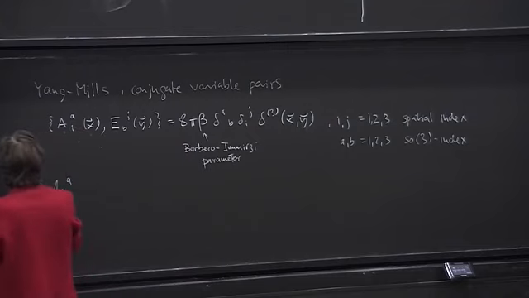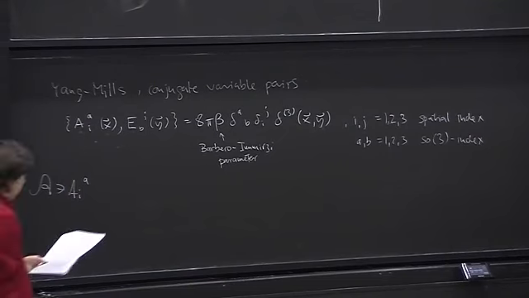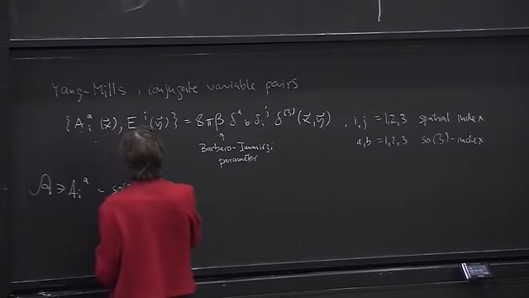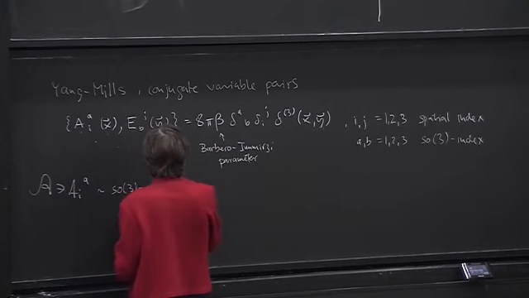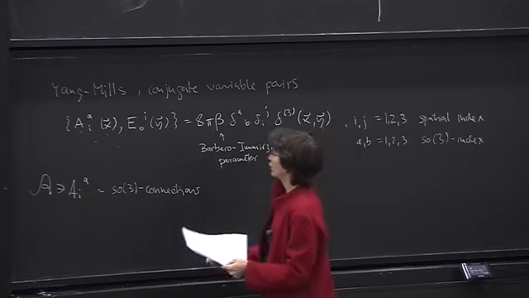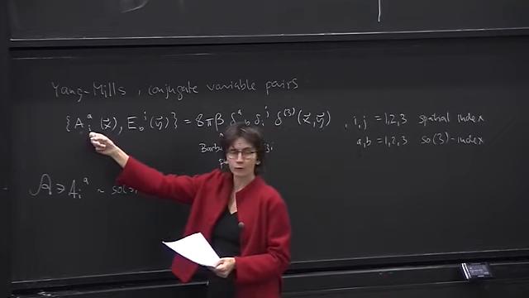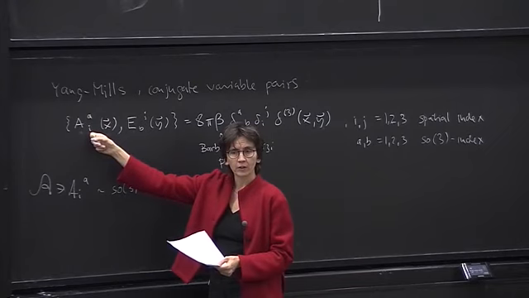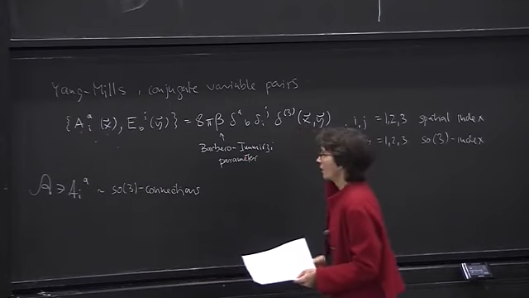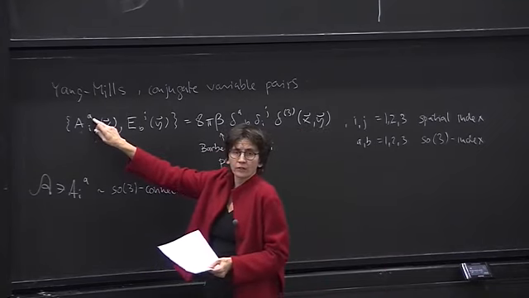Now the A_i^A, so I could call the space of all of those a big curly A. These are SO(3) connections, or you could call them gauge potentials. That of course refers to the way they will transform under coordinate transformations. And the A, that is the internal index.